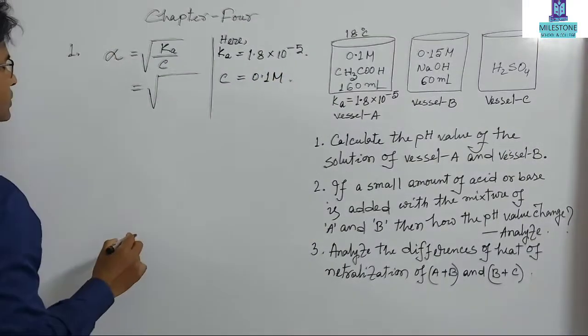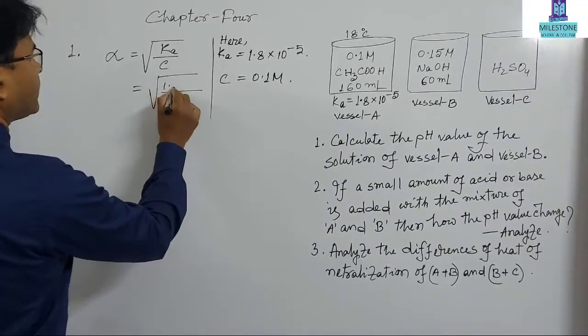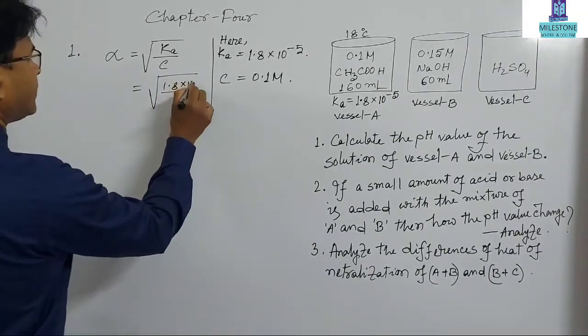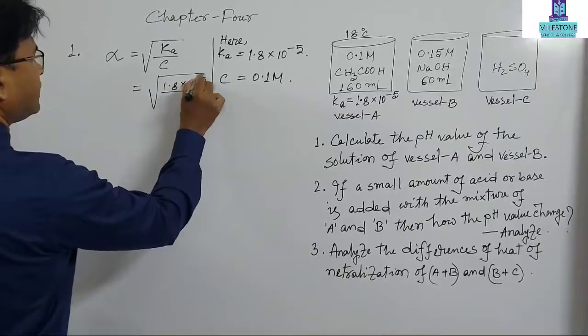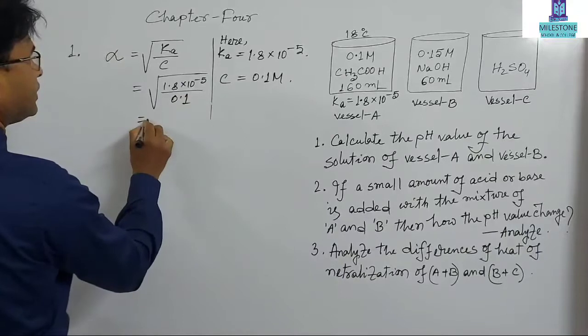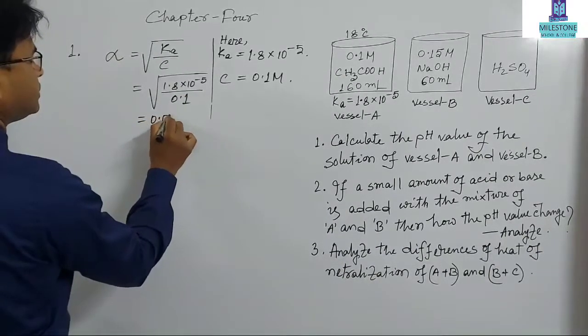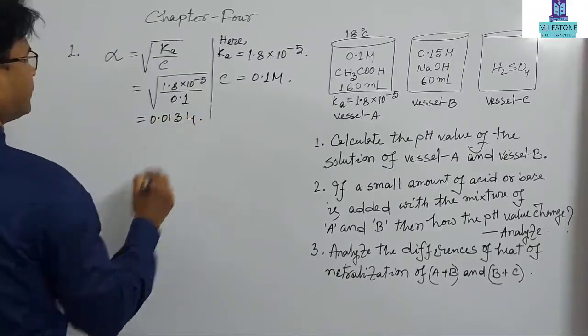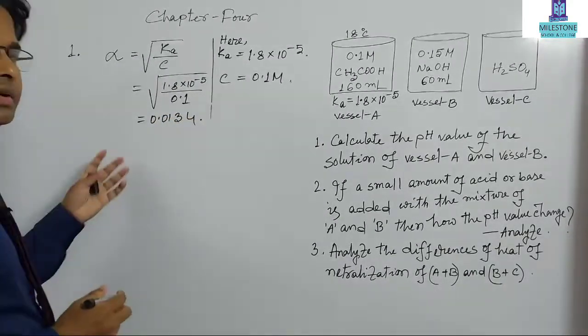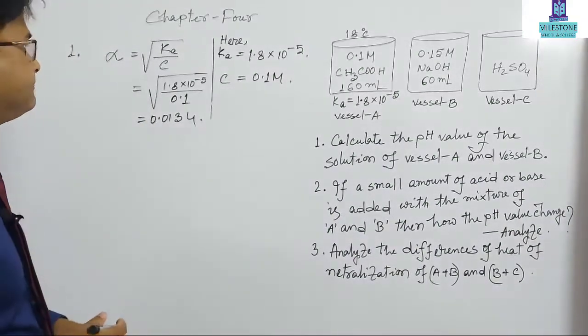Then I have to put those two values here: 1.8 into 10 to the power minus 5 divided by 0.1 is equal to 0.0134. This is the value of the degree of dissociation of ethanoic acid.